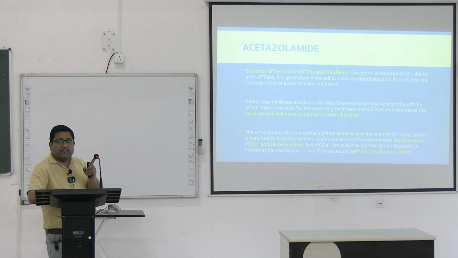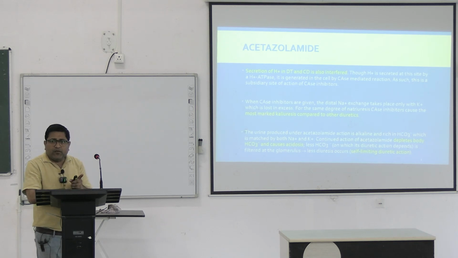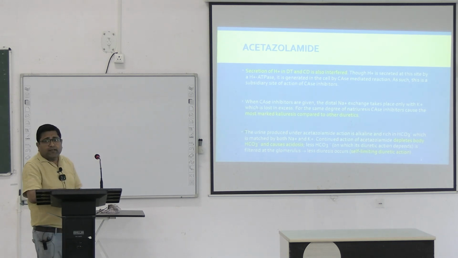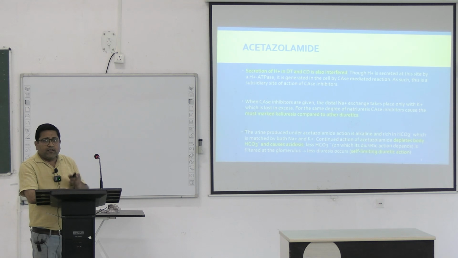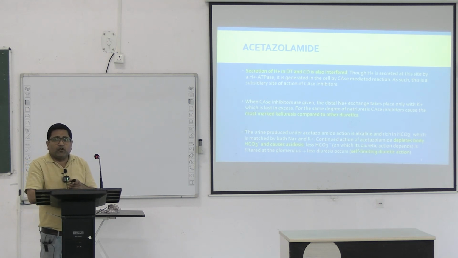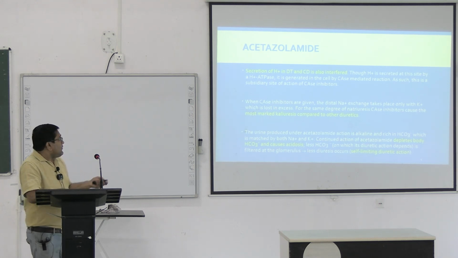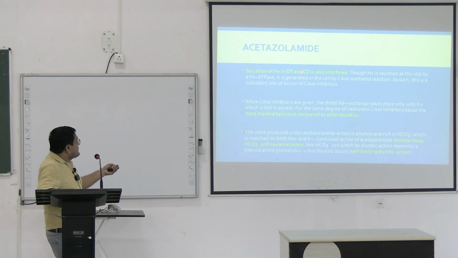Although the secretion of H plus in the distal tubule and collecting duct is done by the H plus ATPase enzyme, the formation of H plus in the cell is done by the carbonic anhydrase enzyme. So there also the drug has action; they decrease the formation of H plus ion available. Okay, so secretion of H plus in the DT and CD is also interfered with.